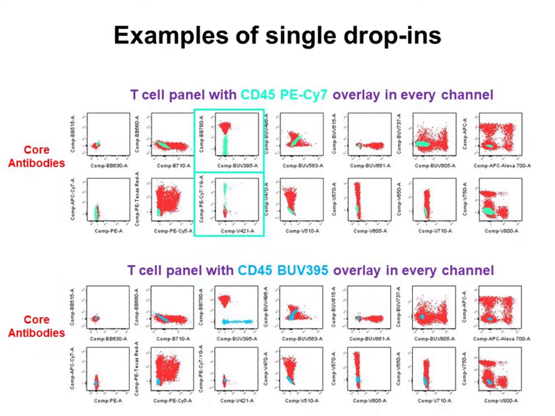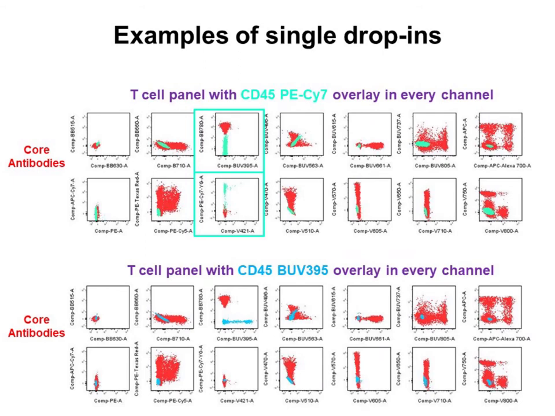This is where our single stain drop-in helps to make a theoretical framework for the panel design, to decide which marker should be paired with which fluorochrome based on the expression of the marker, antibody brightness, and the compensation.